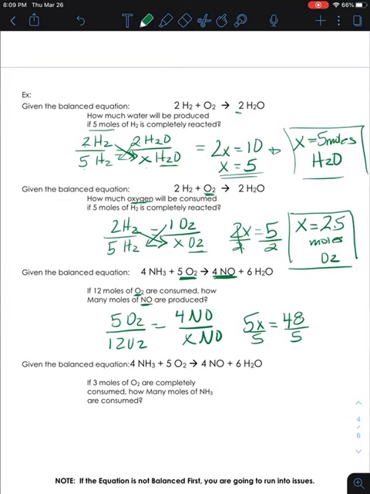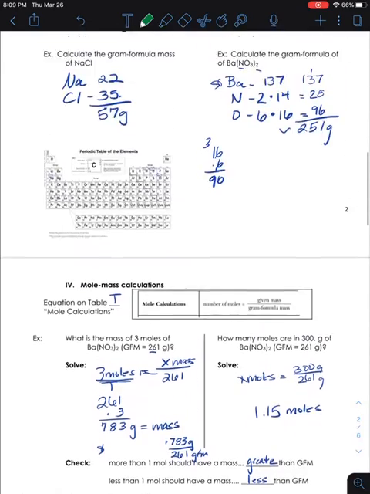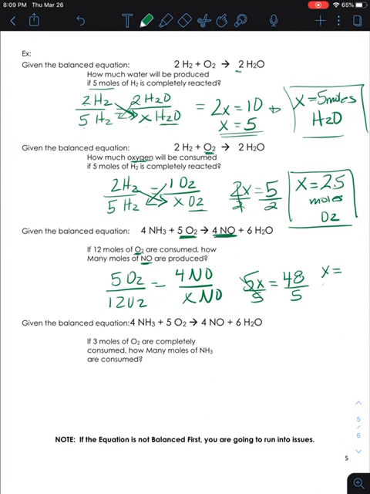Do the math. X is going to equal 2.4 moles of NO.